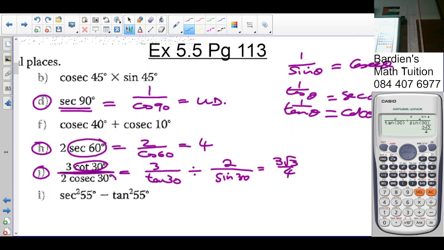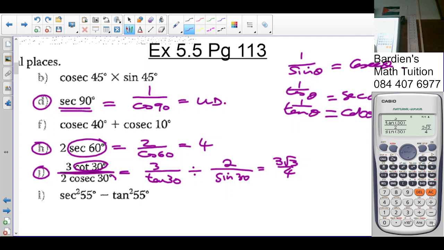Otherwise, you could press S-D, standard to decimal, and you get 1.3. Otherwise, if you put it in the calculator straight away, it will be 3 over tan 30. But like I'm saying, many times the learner messes up. Because they put 3 over tan 30 and then they press the fraction button again straight away. And that is not the case. It's divided by 2 over sine 30.